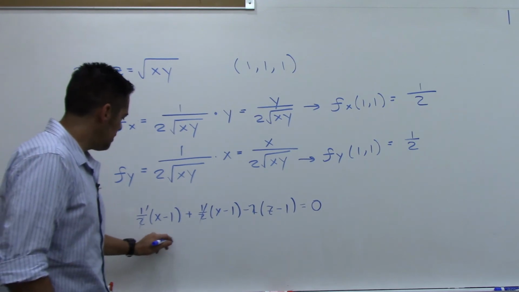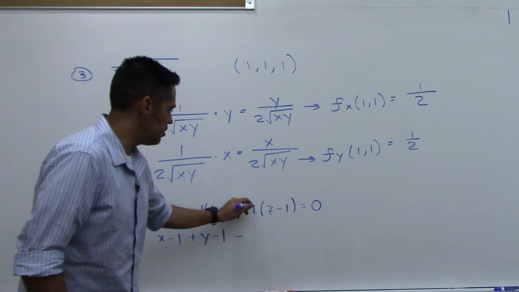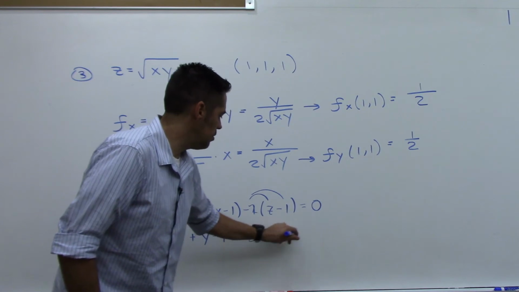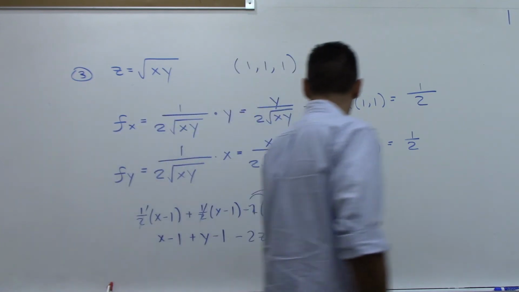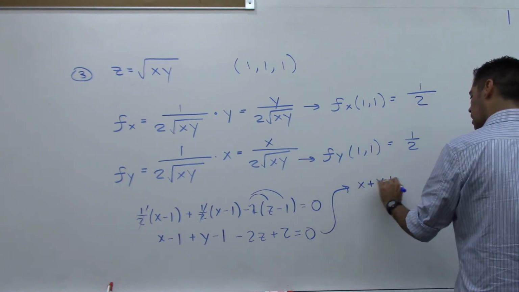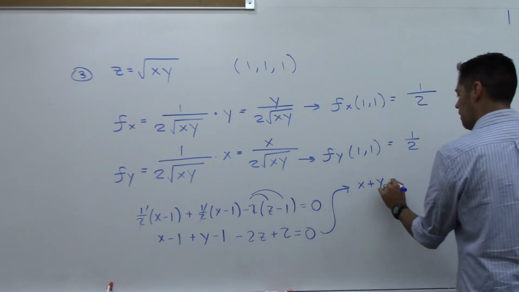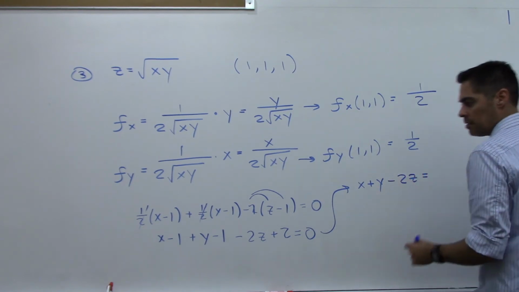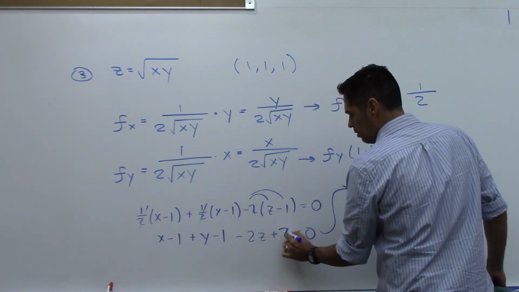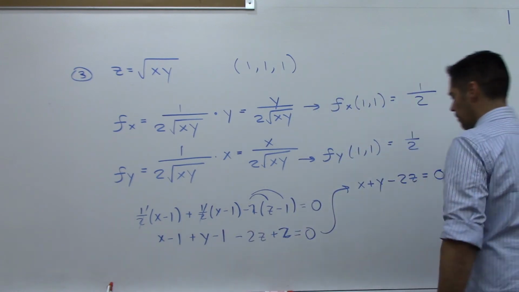So I just have x minus 1 plus y minus 1 minus, distributing a negative 2 through, negative 2z plus 2 equals 0. And that becomes x plus y minus 2z equals, number-wise, negative 1 minus 1 is negative 2, this is a 2, so negative 2 plus 2 is 0, so 0.